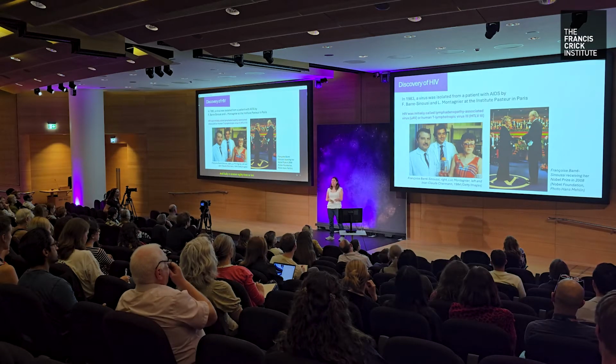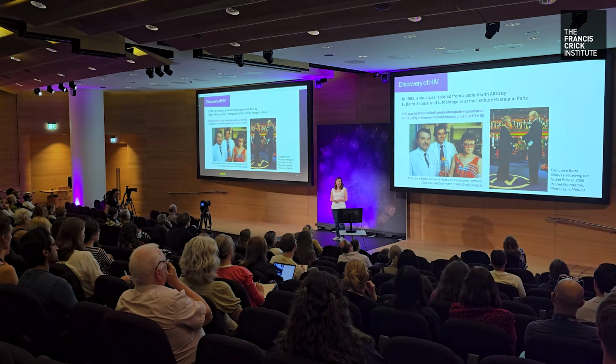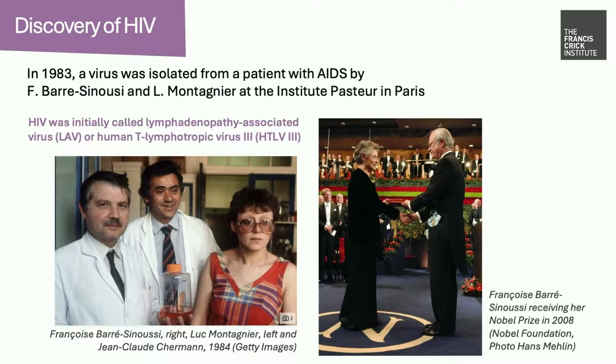And finally, in 1983, two years after the first reports of this new disease, a group at the Institut Pasteur in Paris isolated a virus from a patient with AIDS. They initially called this virus LAV, lymphadenopathy-associated virus.